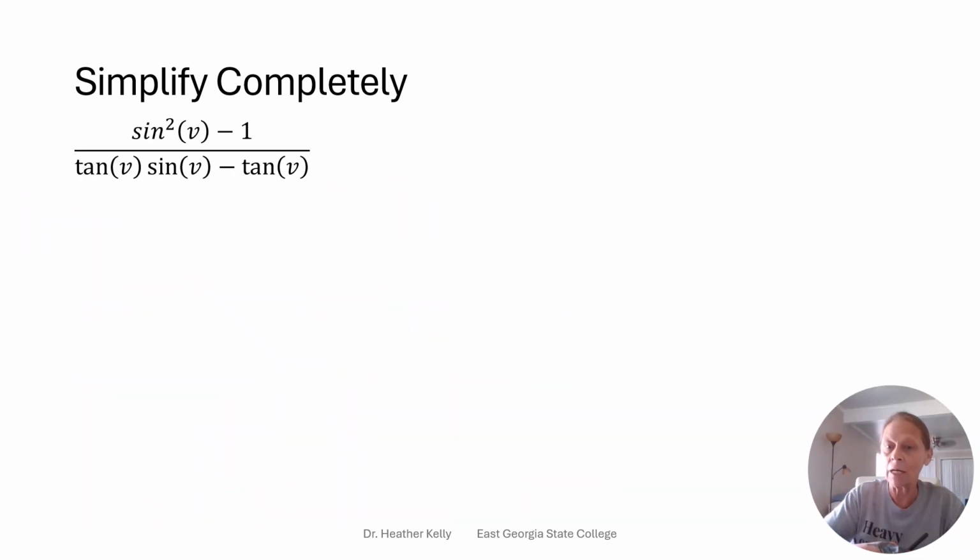Let's simplify another one here. Okay, well, when I take a look at this guy, I see that sine squared v minus 1. And anytime I see the difference of squares, I just got to go for it. And looking at that denominator, I noticed that I could probably factor a tan v out. So let's go ahead and see what this will do for us.